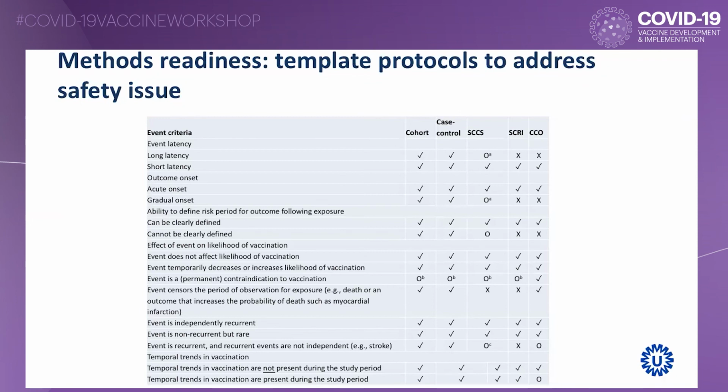In Europe, these template protocols are ready, as I explained before. It's important that protocols for each of such designs are ready, and depending on the type of event that is coming up as a safety concern, you would need to choose the right design, but the template protocols are ready to implement those.